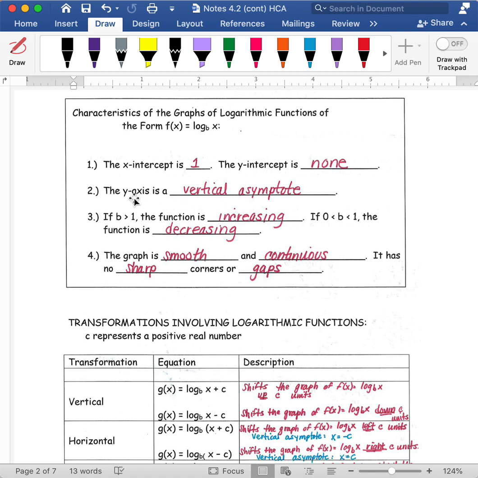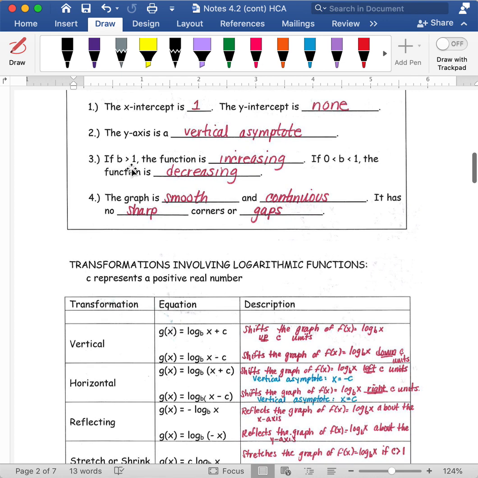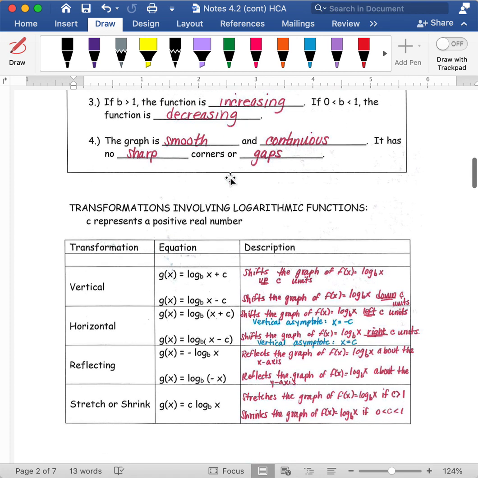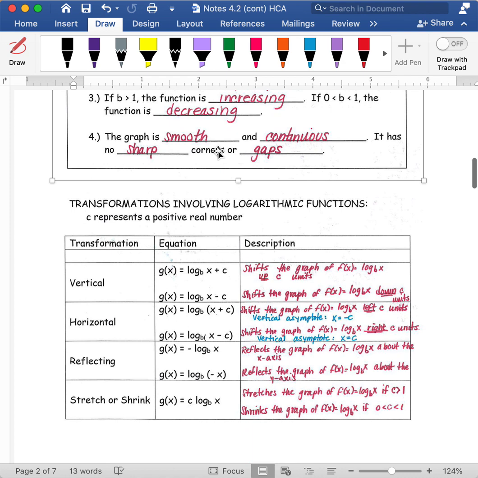For your basic log function, the y-axis is the vertical asymptote. It approaches, but will never cross. If the base is bigger than 1, the function is increasing. If the base is a fraction between 0 and 1, the function is decreasing. The graph is smooth and continuous. It has no sharp corners or gaps.